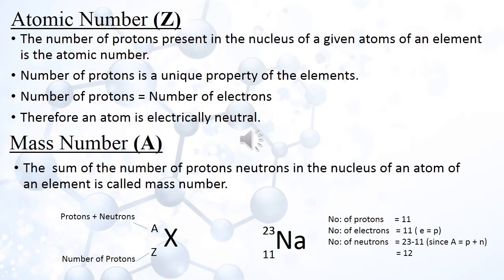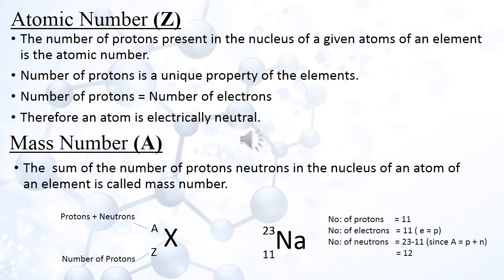And when we consider an atom, the number of protons is always equal to the number of electrons. You know, protons are positively charged and electrons are negatively charged. When both protons and electrons are in the same number, what will happen to the atom?